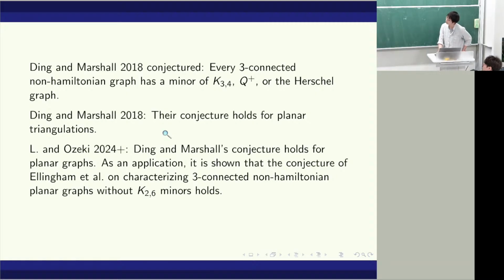We also apply our results to prove the Ellingham et al. conjecture. I think it's not so surprising, because you can see that the graphs they characterize look like the Herschel graph. So as long as we have this result, we can apply it to prove their conjecture.